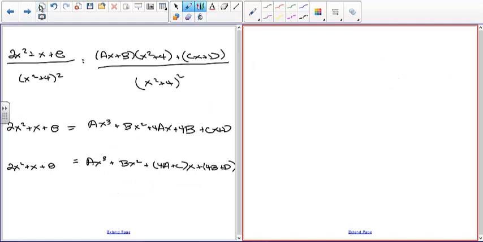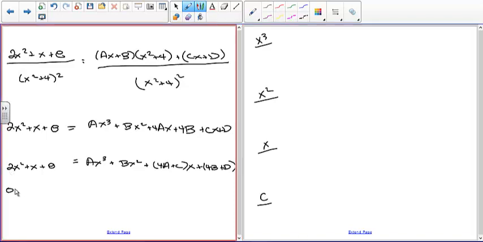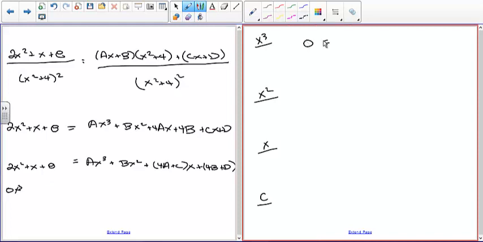Okay, now what we have is x cubed terms, x squared terms, x terms, and constant terms. You'll see there's 0 x cubed, so what that says is 0 is equal to a. The coefficient associated with x cubed on the left-hand side has to equal the coefficient on the right-hand side.